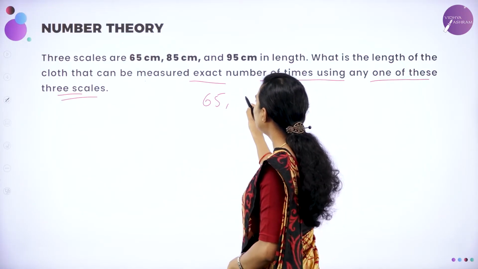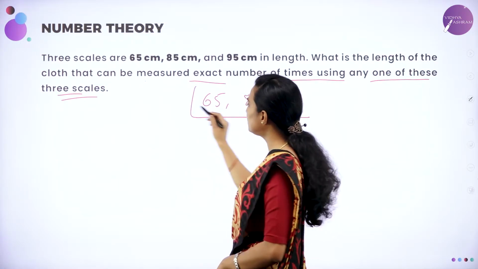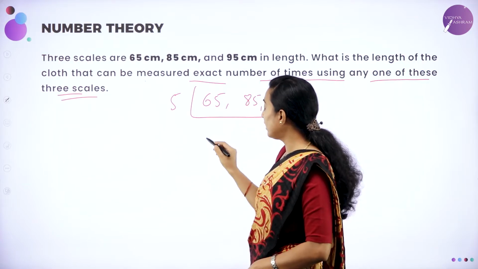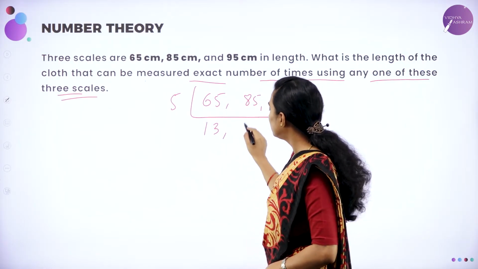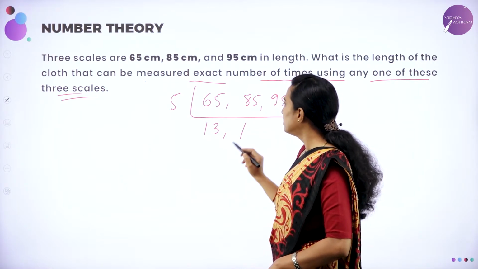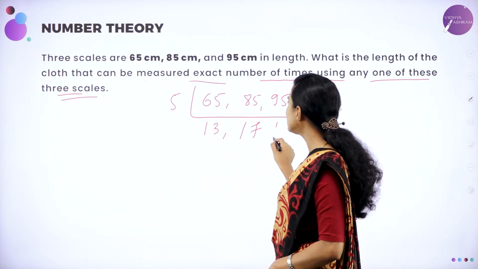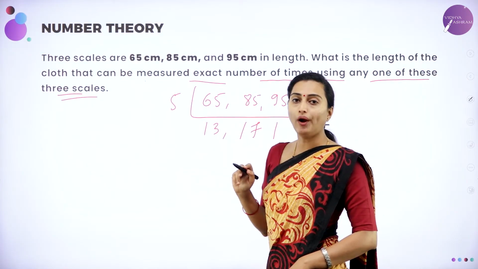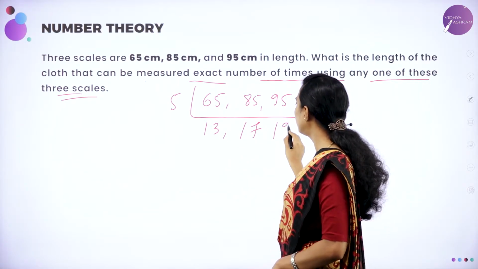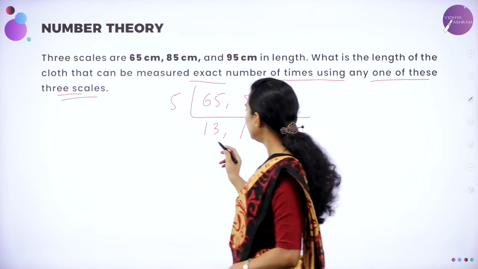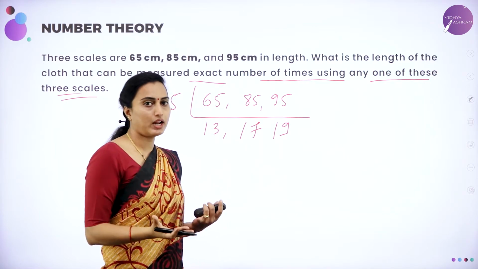So 65, 85 and 95, which is divisible by 5. 5 1s are 5, 5 3s are 15, 5 1s are 5, 5 7s are 35, 5 1s are 5, 5 9s are 45. Correct?